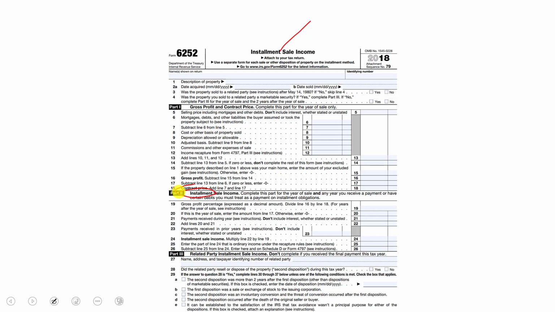So it goes through that calculation again of getting the gain or the loss, but then they calculate this so-called percentage. Where is that percentage? Gross profit, not gross profit percentage, but a gain percentage. And you multiply that percentage times the amount of cash you received during that year. And that's the amount of gain you have to report, be it capital gain or recaptured ordinary income.